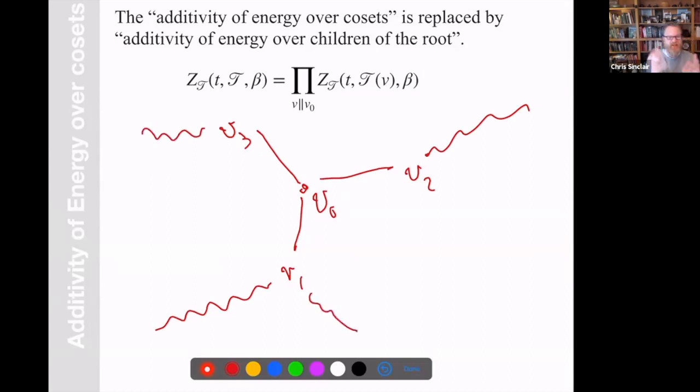So things that are different descendants of the first level become independent. And so you would expect that your partition function is going to factor, instead of a product over cosets, into a product over children in the first generation. So you expect that to come up again, and it does. It's the same additivity of energy over cosets. It's just the random situation.